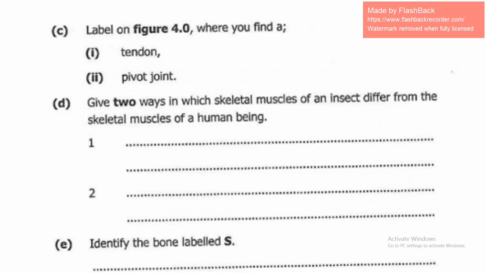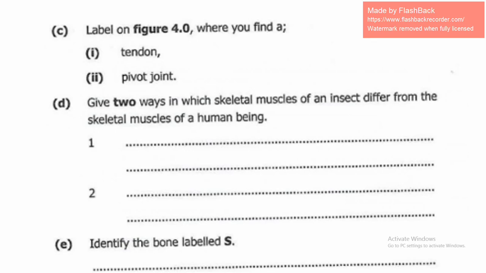So we have what we call a ligament and a tendon. These two are different from each other. Why have I specifically picked a ligament? Because I've observed in some cases students try to misquote the function of a ligament as the function of a tendon.